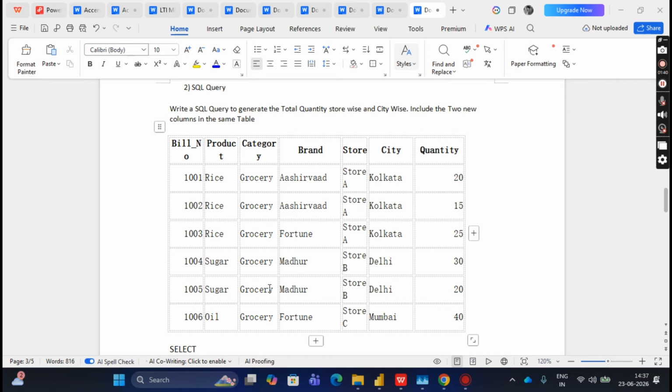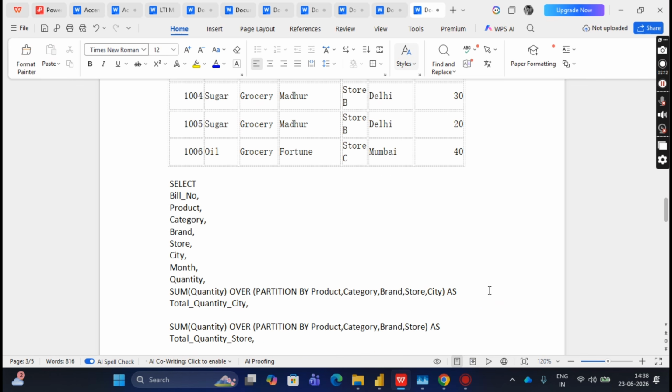So these four columns aggregation will give the sum of quantity for store, and he wants the sum of quantity city wise, which will be doing the aggregations on the basis of product, category, brand, store and city. So they want two columns in the same table which will perform aggregations on the basis of 4 columns and 5 columns to give store wise aggregation and the city wise aggregation.